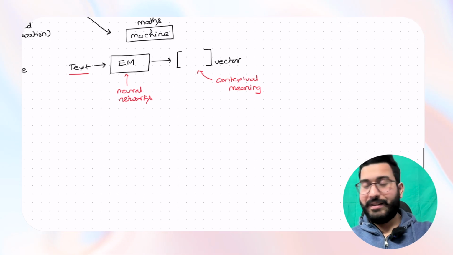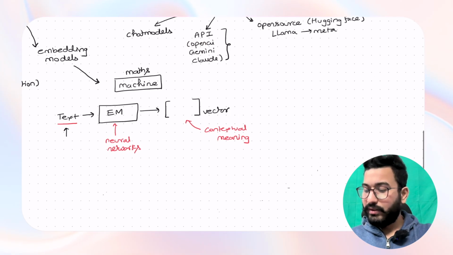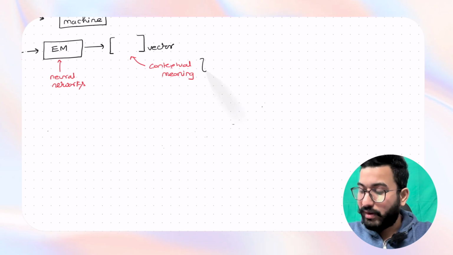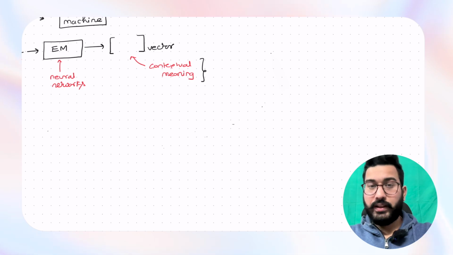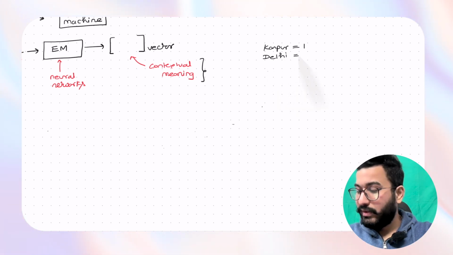Before we jump into the implementation of all these models, let me give you a brief understanding of what this contextual meaning is. One way to convert a word to a number is simply label encoding. So let's say if I have Kanpur, I can represent it as 1, Delhi as 2, Bangalore as 3.